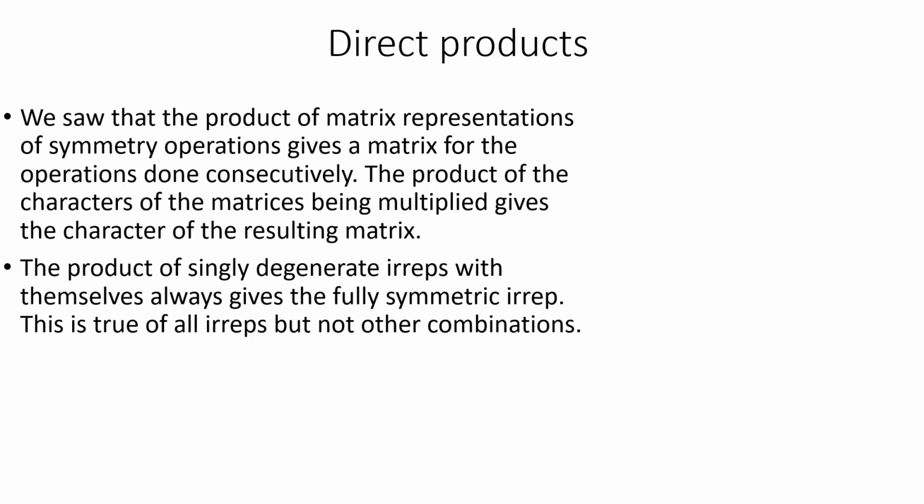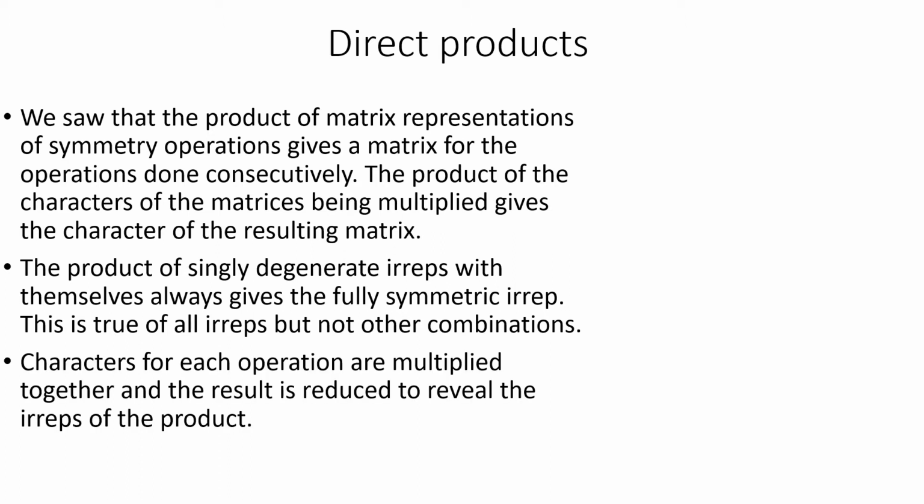And in fact, the opposite also applies. If you take two different irreps and multiply them together, then the product will not contain the fully symmetric irrep. And that fully symmetric irrep has a correspondence with the identity operation. So rather like in that way, if you take the fully symmetric irrep and multiply it by some other irrep, the product is just that other irrep, rather like multiplying the identity operation by another operation.